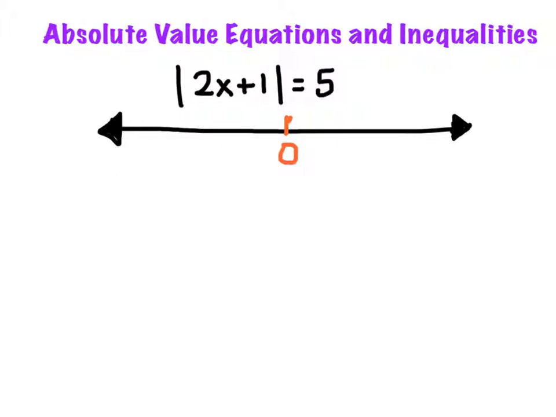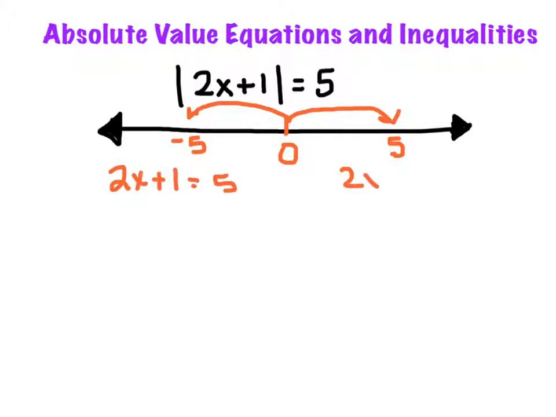So there's a distance this way that's 5, and a distance this way that's 5. And so we've been saying, then set up two equations. One equal to 5 and one equal to negative 5.